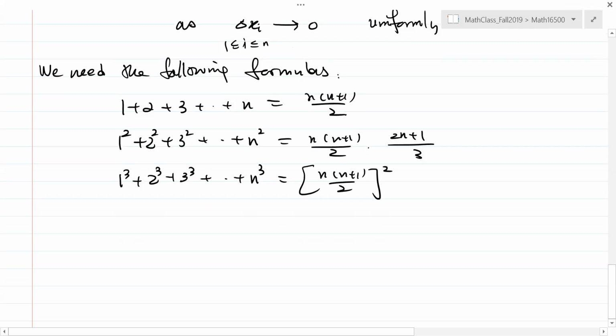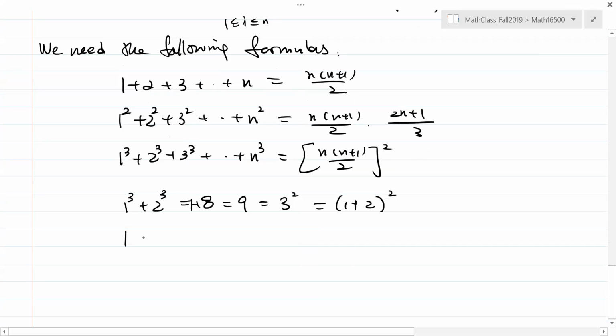Let's verify the last one. 1 cubed plus 2 cubed: 1 plus 8 is 9. 9 is 3 squared. 3 is 1 plus 2. Cool. So 1 cube plus 2 cube is always a perfect square. Then 1 plus 8 plus 3 cubed, which is 27, gives 36. 36 is 6 squared. 6 is 1 plus 2 plus 3.